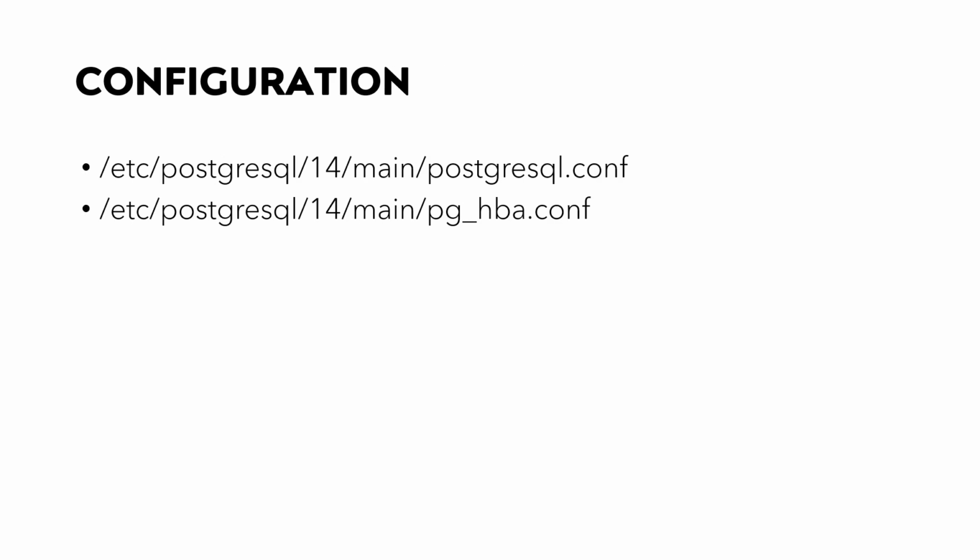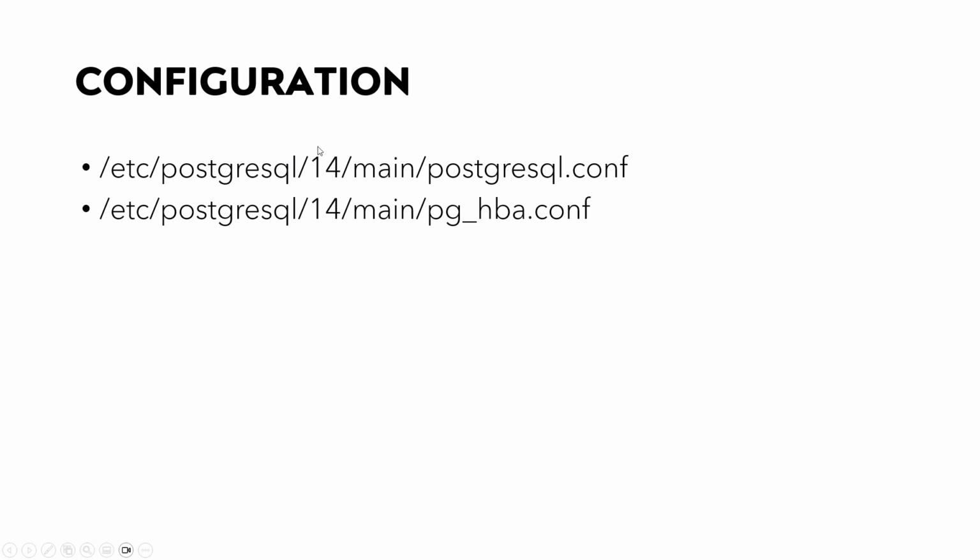Now the two main configuration files that you'll be working with in Debian and in Ubuntu, this is the default location. It might be the same in other distributions, it might not, so you'll just need to check that. But you'll notice that we have etc, PostgreSQL, and then the major version of PostgreSQL.